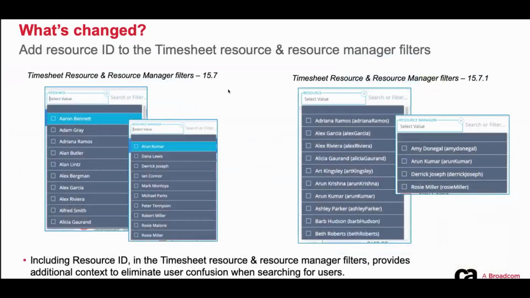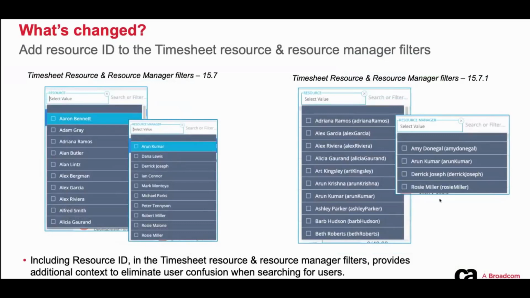We talked about the resource ID being shown in the resource and resource manager pull down in the timesheet area. The left side, of course, shows you what it looks like in 15.7 and older.